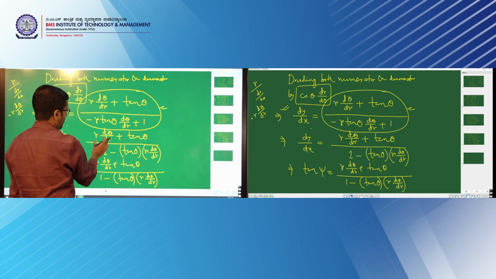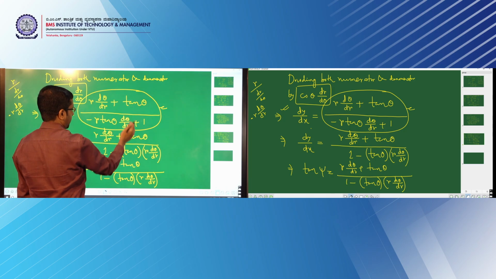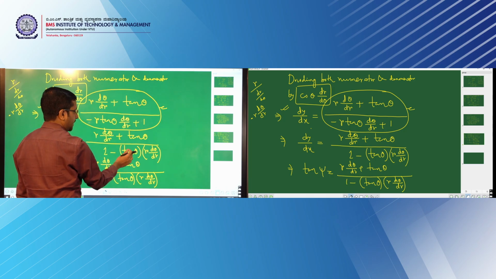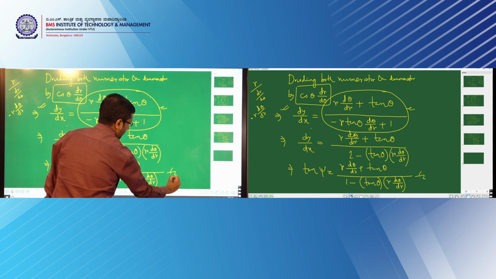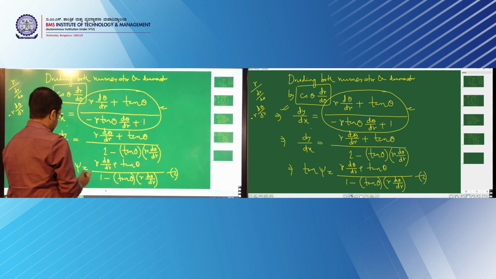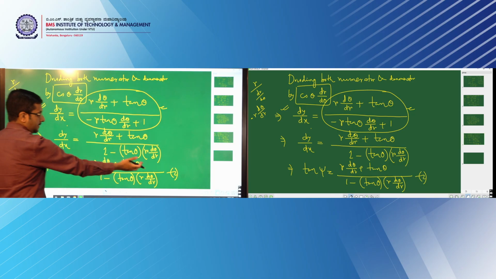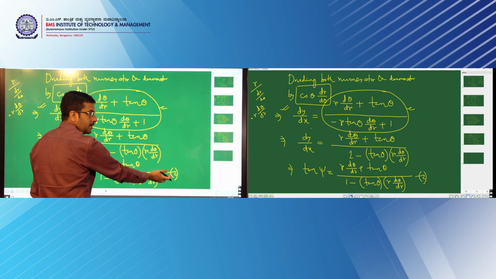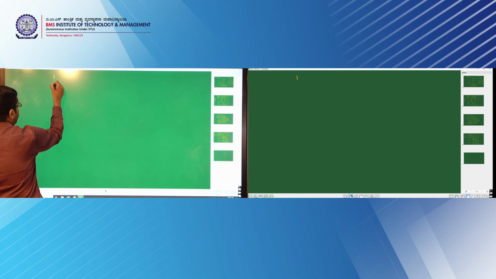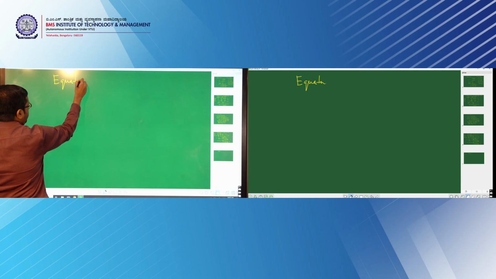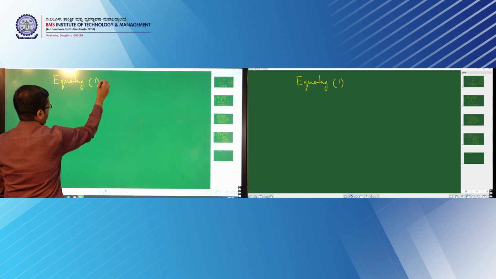Two terms will come: one is r d theta dr plus tan theta, and in the denominator it will come 1 minus tan theta into r d theta dr. This one you can give number 2. So one expression I got for tan psi, this is number 1, another expression we got for tan psi, this is number 2. Now you equate, or compare, equation 1 and 2.